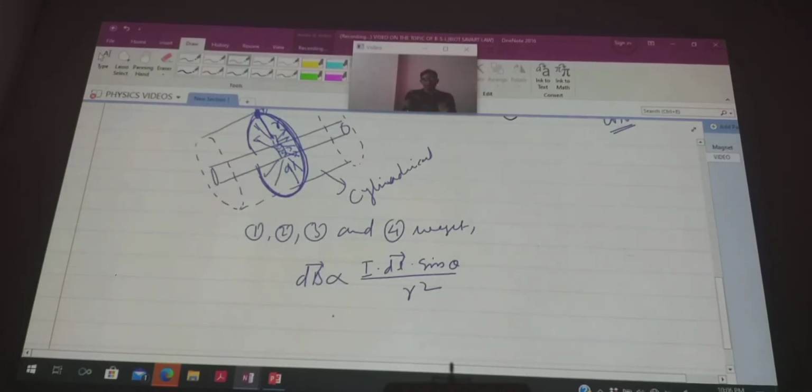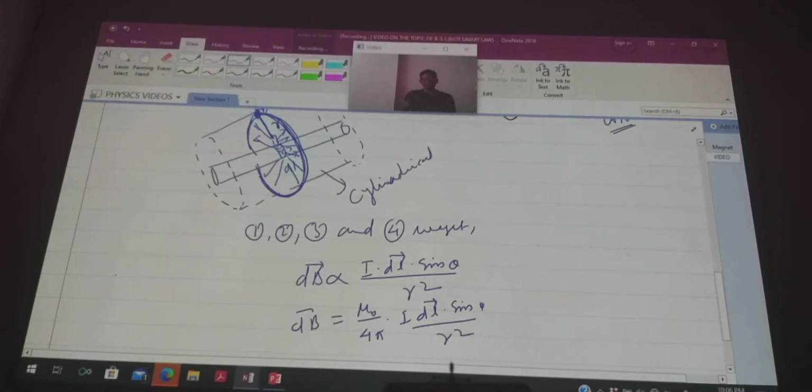And we remove the proportionality constant, that is mu 0 upon 4 pi, and get mu 0 upon 4 pi, I dl sin theta upon r square.